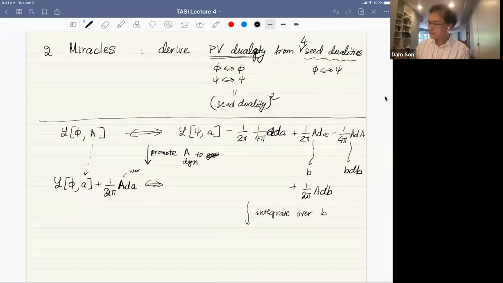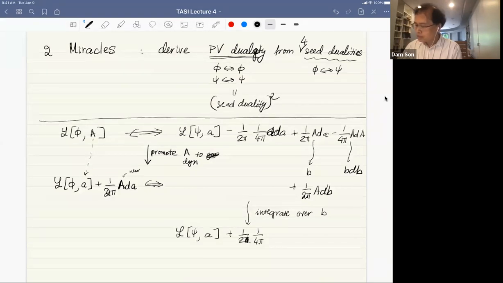Okay, so that is a trivial exercise that we can do, just a saddle-point approximation. At the end of the calculation, we get something like this. So I'm just writing down the answer: 1/4 pi ADA plus 1/2 pi ADA plus 1/4 pi capital ADA.